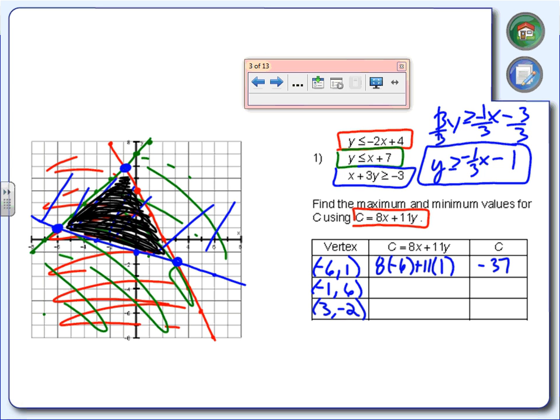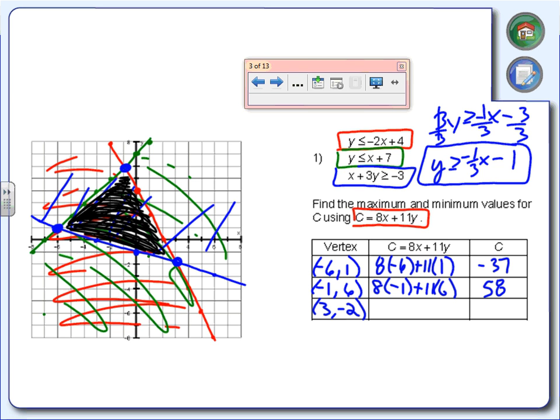The next one I'm going to use is negative 1, positive 6. So again, same thing. We're going to replace x with negative 1 and replace the y with the 6. We'll put that in the calculator just like the last one and see what number we get this time. What was it? 58.